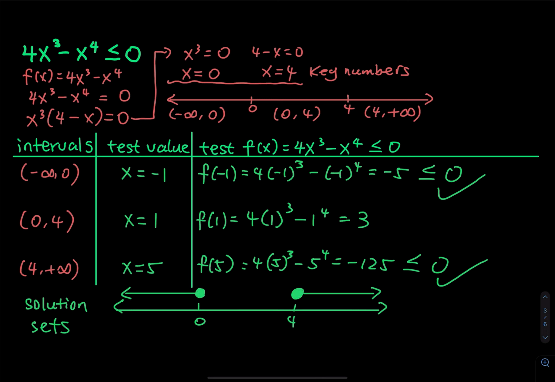Because the given inequality is less than or equal to, there is an equal, so you use a solid circle. When there is no equal, then you use an open circle. Solid circle means it is okay to let x equal 0. For example, when x is equal to 0, we have 0 less than or equal to 0. So solid circle means it is okay to include that number.